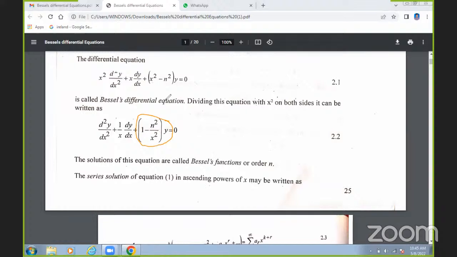So the differential equation leads to this equation.